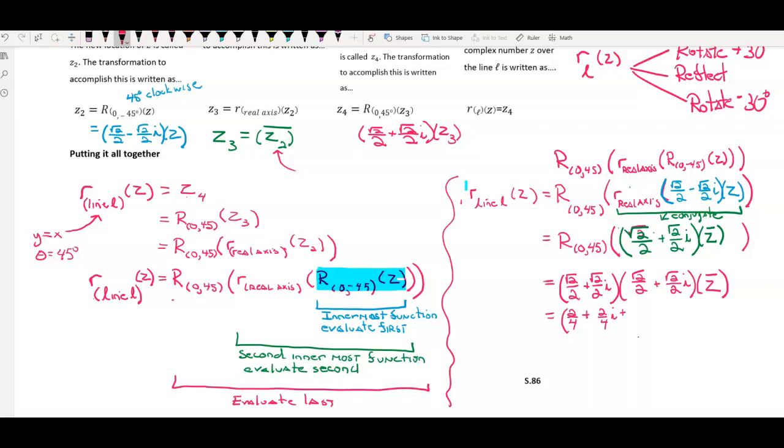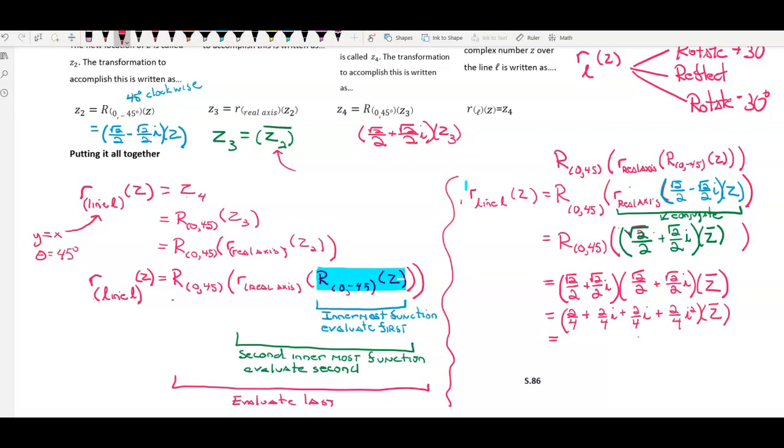Then these two give 2 over 4 i, and root 2 over 2 i times root 2 over 2 i is 2 over 4 i squared, times the conjugate of z.